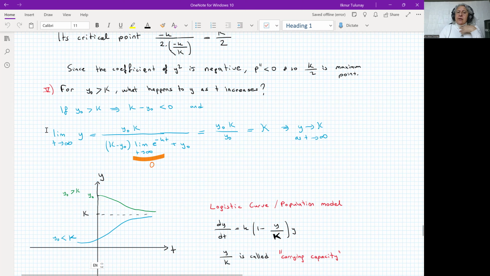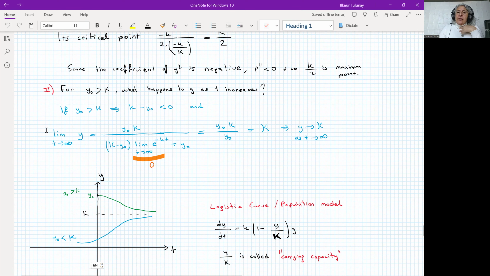If we take the limit as t goes to infinity of the function y, this whole exponential term is equal to 0, as we've done in one of the sections above, so we have only k. So y approaches k as t goes to infinity.